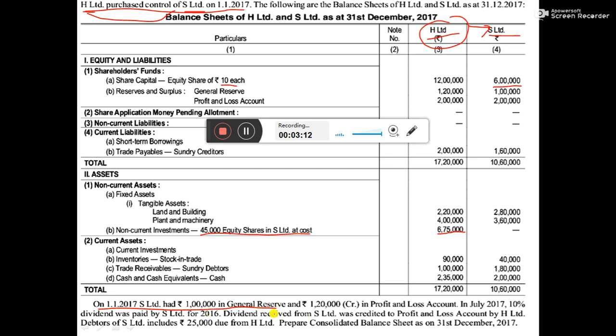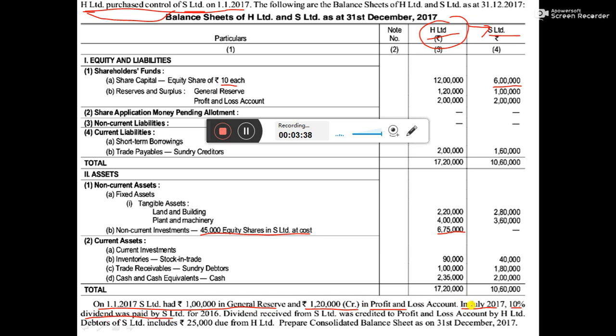This is required to calculate cost of control, that is goodwill or capital reserve, and it is also given that there is a 1,20,000 credit balance, that is profit, in profit and loss account as on 1st January 2017. Additional information is given that in July 2017, 10% dividend was paid by S Limited.